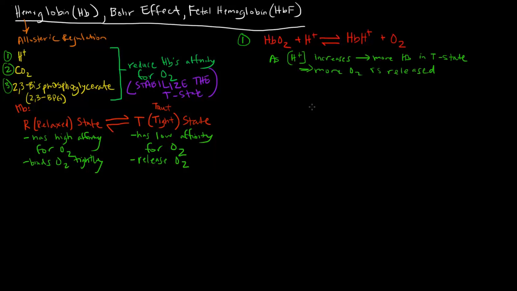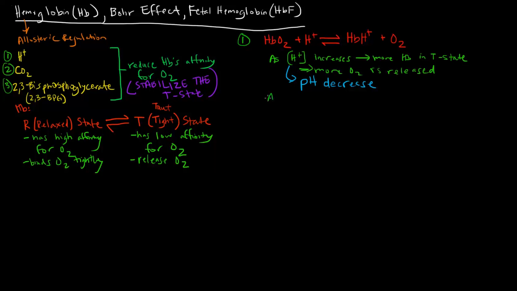An H plus concentration increase is the same thing as a pH decrease. So decreased pH, increased H plus concentration causes more of the hemoglobin to exist in the T state, and more oxygen is released. So when does this concept come into play?